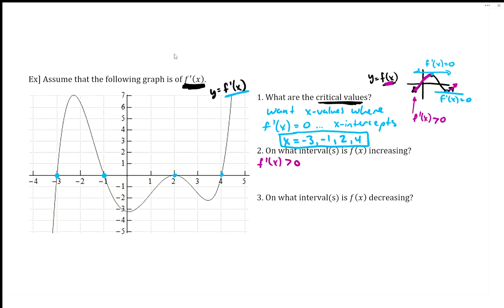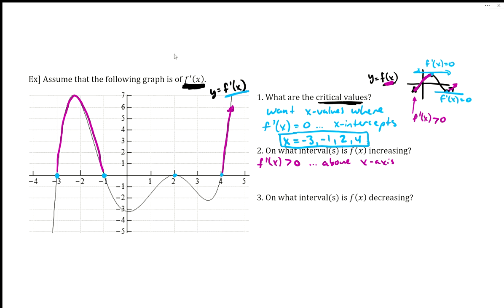So we want f prime of x being greater than 0 on this problem. Well, it's given us a graph. In our graph, that's where we have above the x-axis. So this in the purple is where our derivative is greater than 0, because these are positive y values over here, and over here as well.